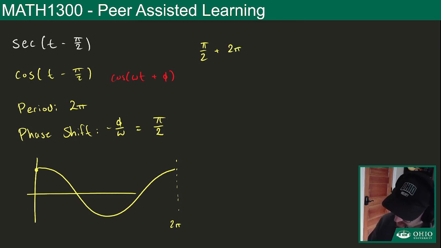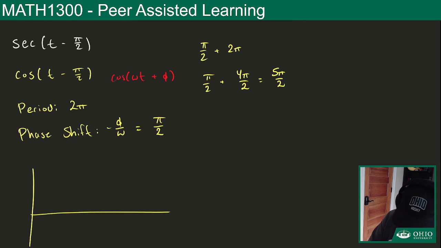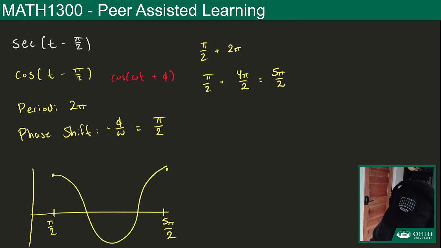If I turn 2 pi into 4 pi over 2, that lets me add it, and that's 5 pi over 2. So before I start really drawing it, I know my graph is going to start at pi over 2 and end at 5 pi over 2, starting at 1 here and ending at positive 1 here. And then it's going to make a full loop in the middle.